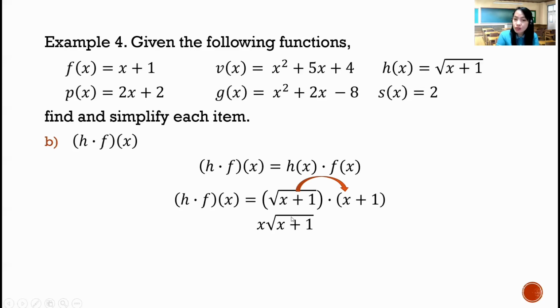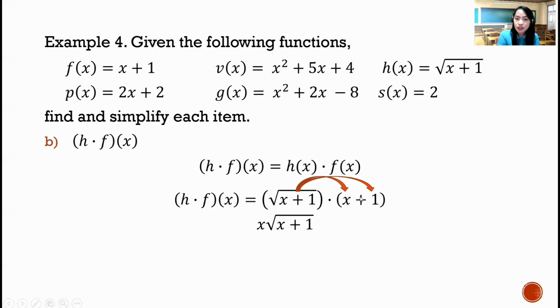We consider this one as one term or a variable. So, wag nating i-multiply yung x doon sa loob ng mga variables or terms ng square root symbol or radical sign. Next is to multiply 1 to the square root of the quantity x plus 1.